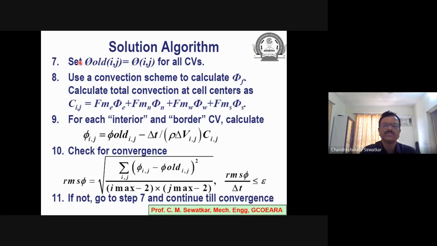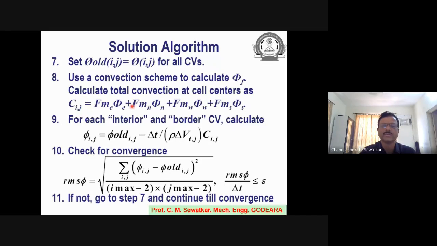Once done, we assign all phi ij. All these phi ij's are known to me either from initial condition or boundary condition. I assign all these phi ij's to phi 1, which is another variable which we have. Then we use the convection scheme to calculate phi f, and then calculate the total convection at all the cell centers using Cij.